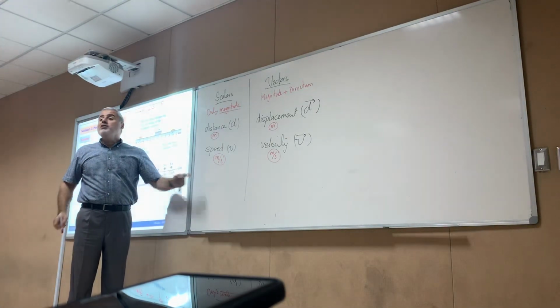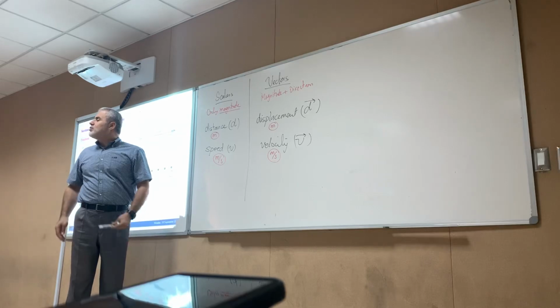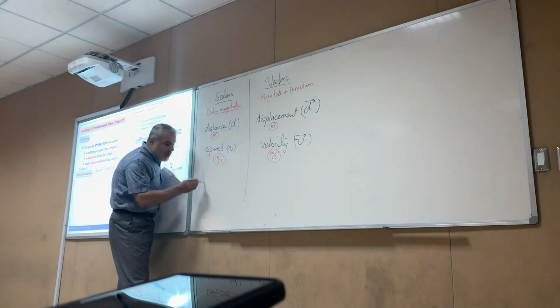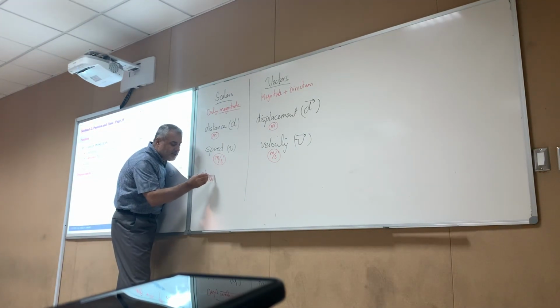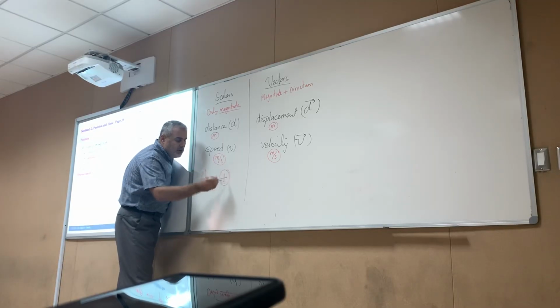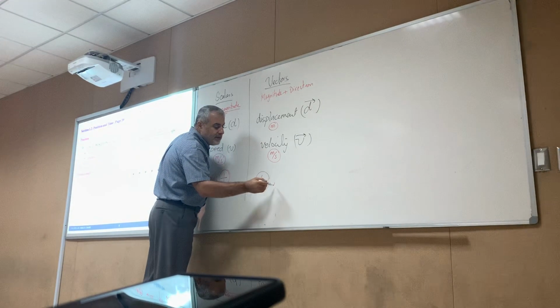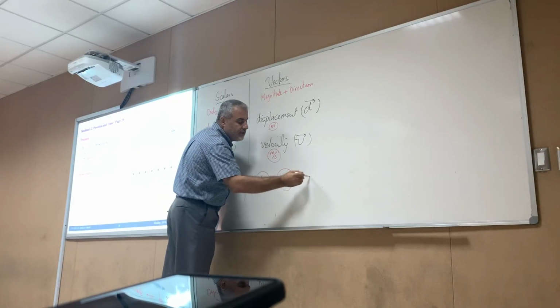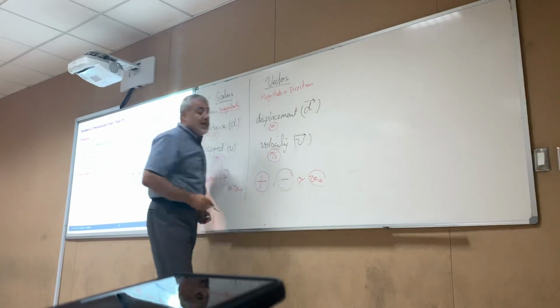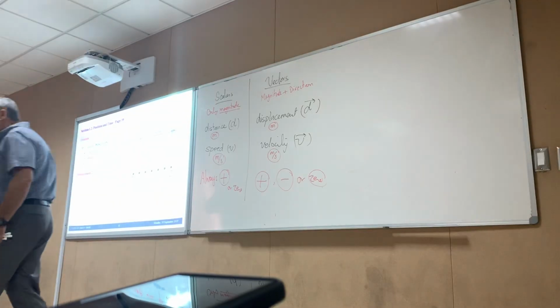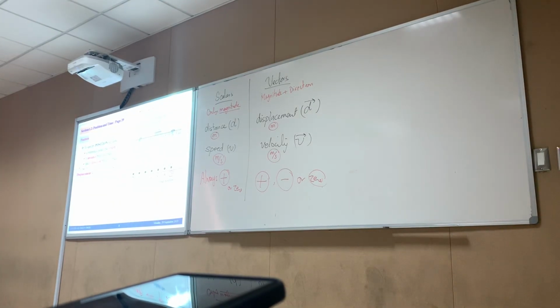There is something very important I need you to notice. Always, the scalars are positive or zero. So I will write this for you. Always positive or zero. Here, this could be positive, negative, or zero. This means if you have a negative value, we are not talking mathematically, we are talking about direction.